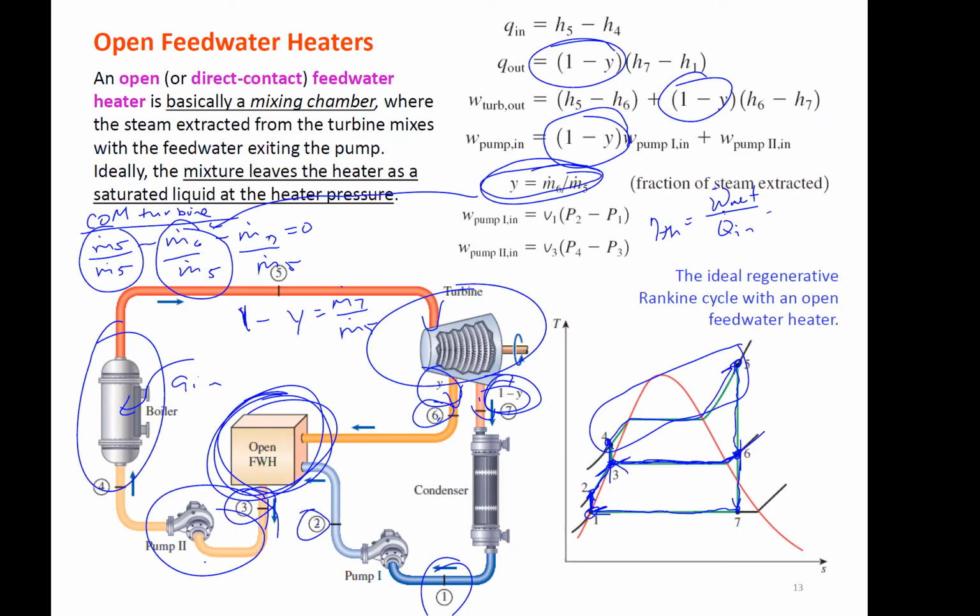So we have net work divided by mass flow rate 5, which is lowercase w, and Q in divided by mass flow rate 5, which is lowercase q in. They're lowercase from mass flow rate 5, not from mass flow rate 7 for the turbine, let's say. We divide by mass flow rate 5 on both the numerator and the denominator, it's the same mass flow rate, so we have to divide everything by mass flow rate 5, and that's why these come into play.